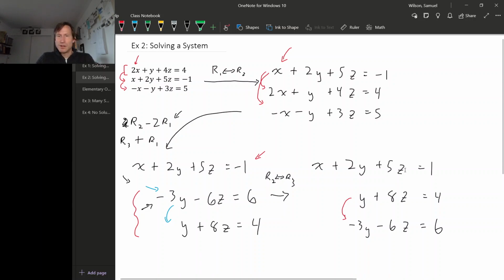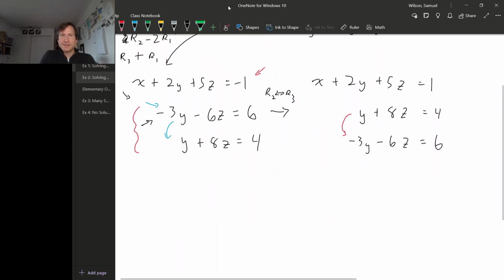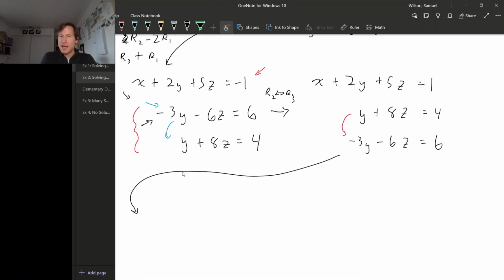So let's take row 3 and add 3 times row 2. So first equation isn't changing, so x plus 2y plus 5z equals 1.